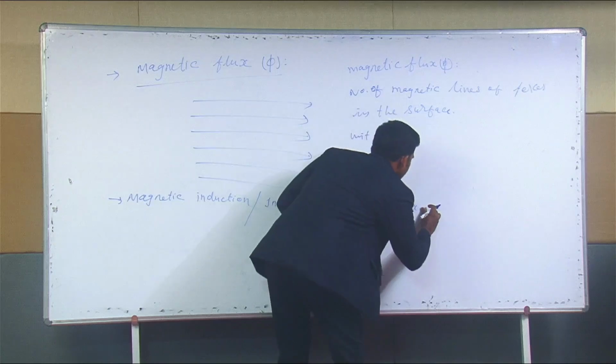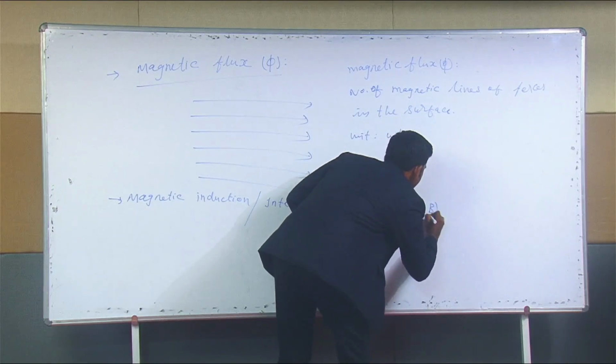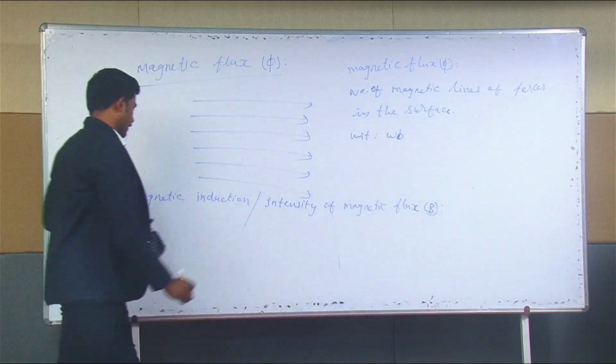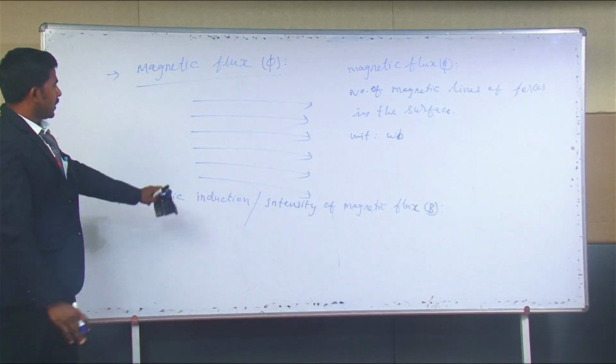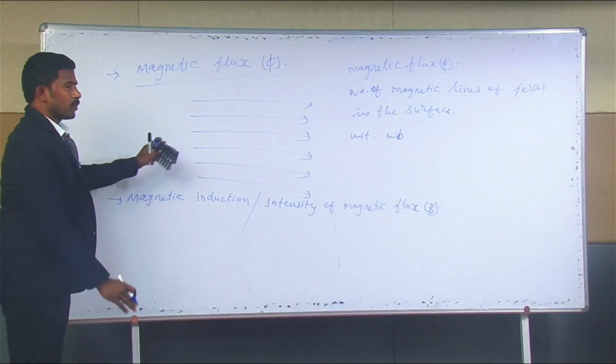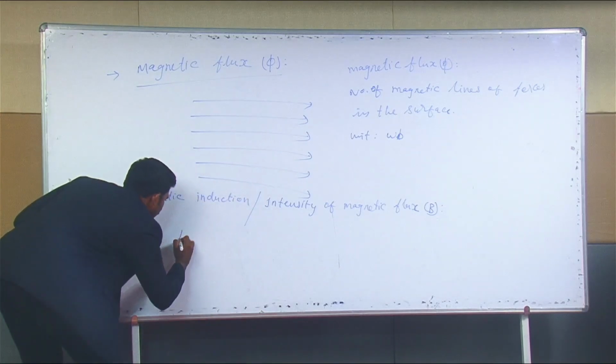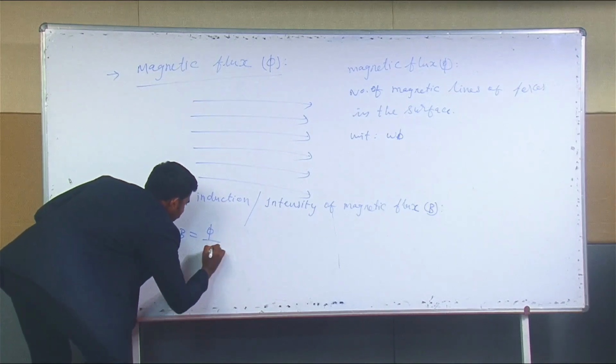It is usually denoted as B. Here we are going to specify the area, so it is the number of magnetic lines over the unit area. So B is equal to phi by A.